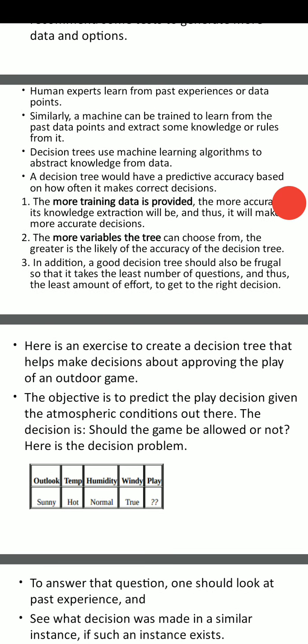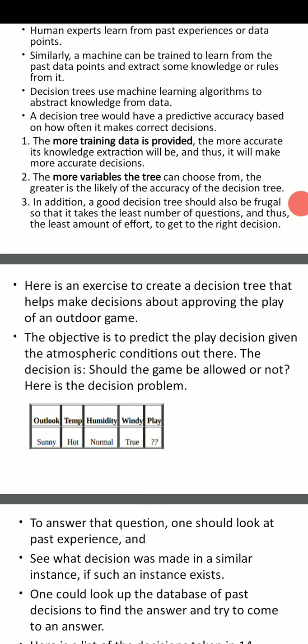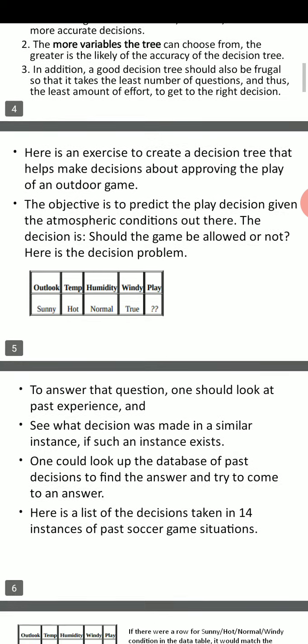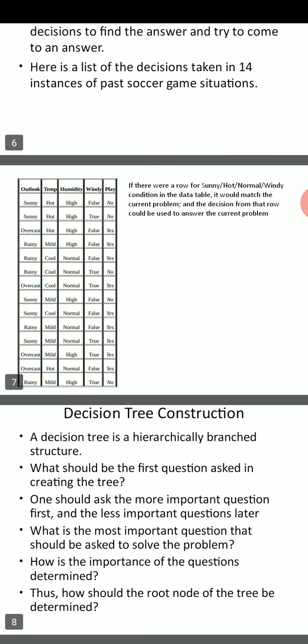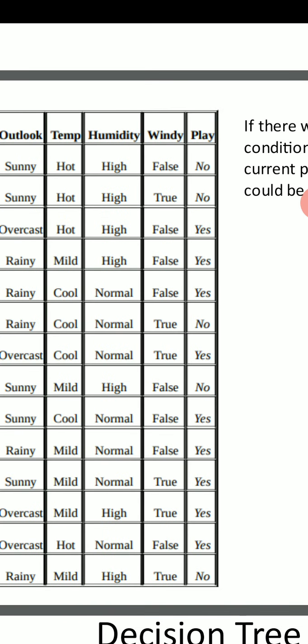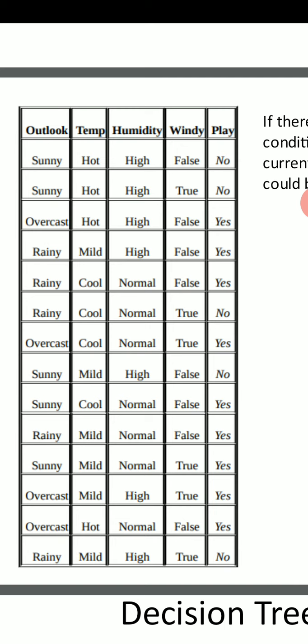So here below we consider a training data set and try to construct a decision tree. Meanwhile, if you would like to do it in parallel, you can pause, take down this data set, and then proceed with the construction of a decision tree. So here in the example we have outlook, temperature, humidity, windy and play, and the first row illustrates sunny, hot, high.